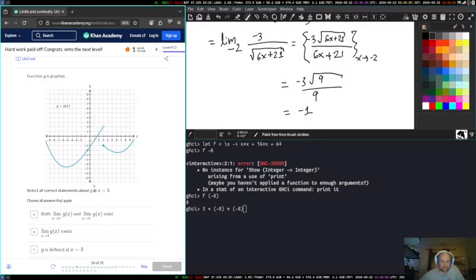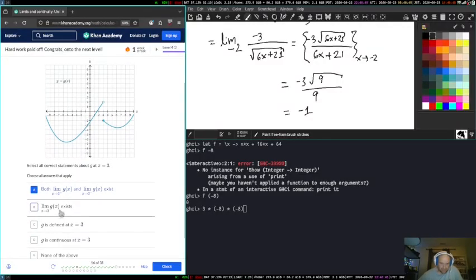At x equals 3. Yeah, both limits exist. No, the function doesn't have... So it has a limit from the right and a limit from the left, but the limits are different, so... Yes, g is defined. It is not continuous. Okay.